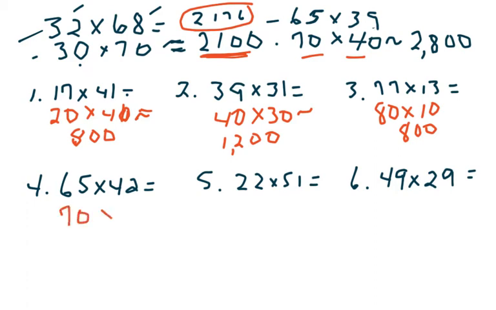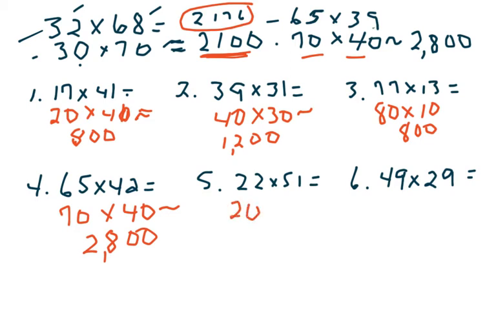Well, that's our 5 again. We're going to round it up. 42. Well, 40 or 50, it's closer to 40. So an estimated answer would be 7 times 4, 2,800. 22 times 51.